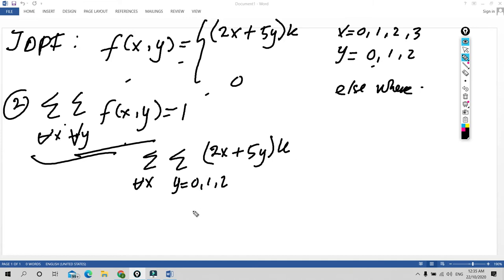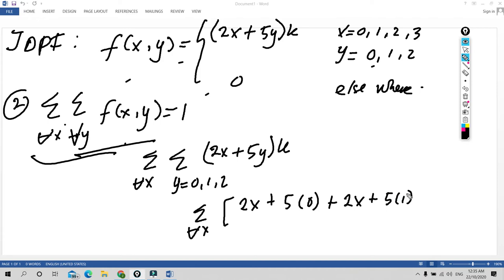This can be written as the summation for all x, and I solve the inner part for all y: 2 multiplied by x plus 5 multiplied by 0, plus 2 multiplied by x plus 5 multiplied by 1, plus 2 multiplied by x plus 5 multiplied by 2, all multiplied by k.